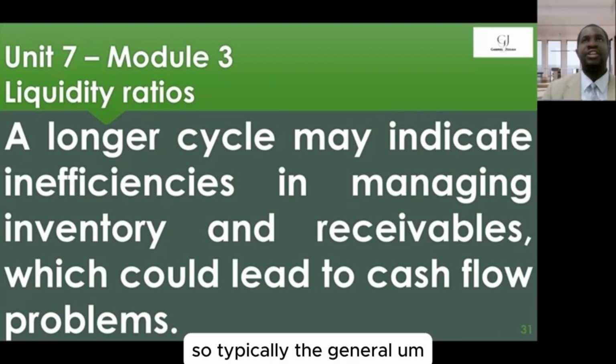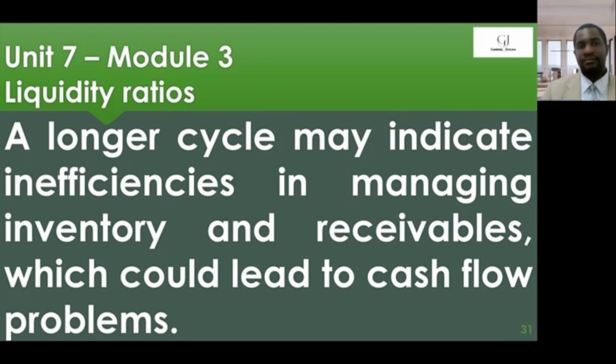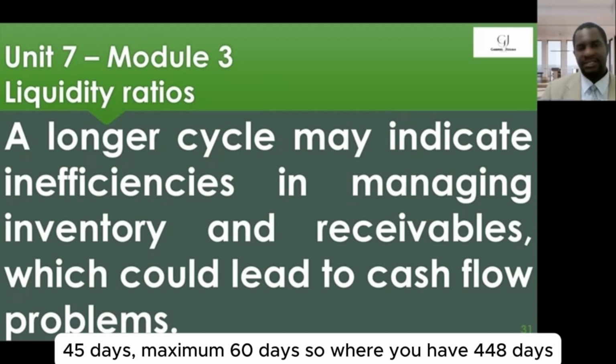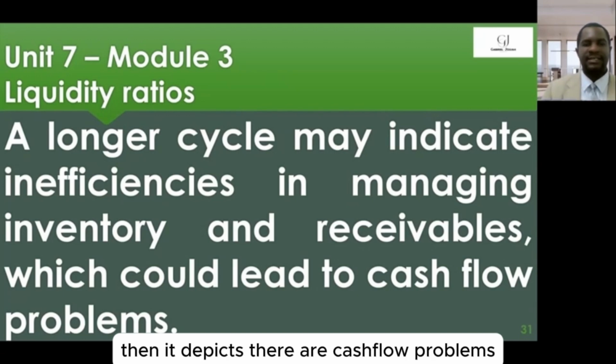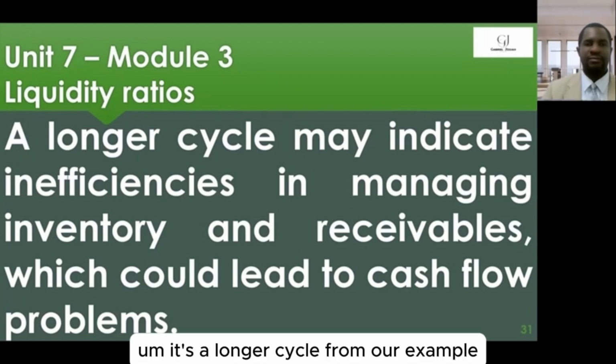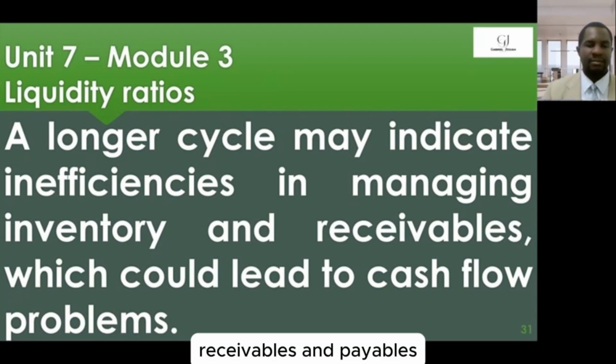So typically, the general recommendation is to have it as 30 days, 45 days, maximum 60 days. So when you have 448 days, 449 days, like we saw in that example, then it depicts their cash flow problems. It's a longer cycle from our example, and it shows there are problems with managing inventory, receivables, and payables.